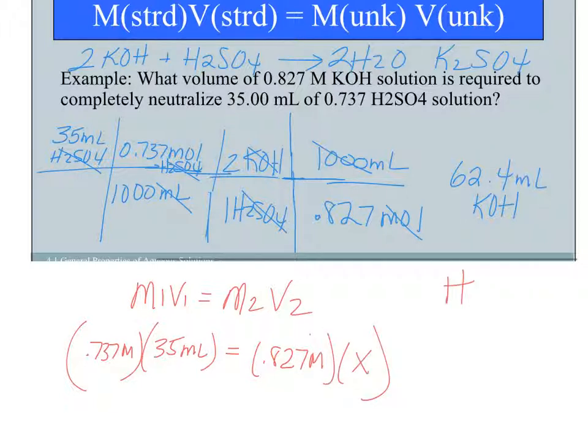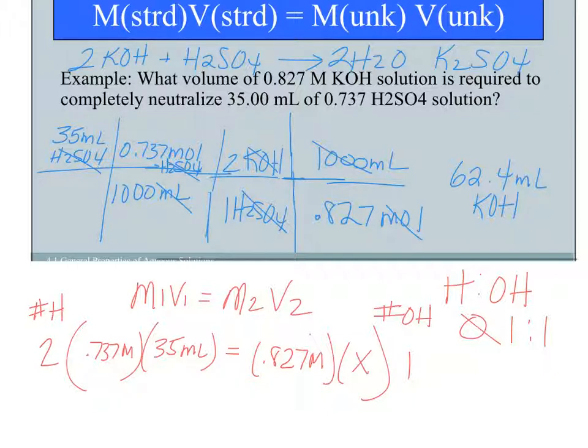However, our H to OH ratio is not 1:1. So we have to take that into account. We need to put a 2 out here for our number of H's. And our number of OH's is simply 1. And when we do the math on this, we should get the same thing.